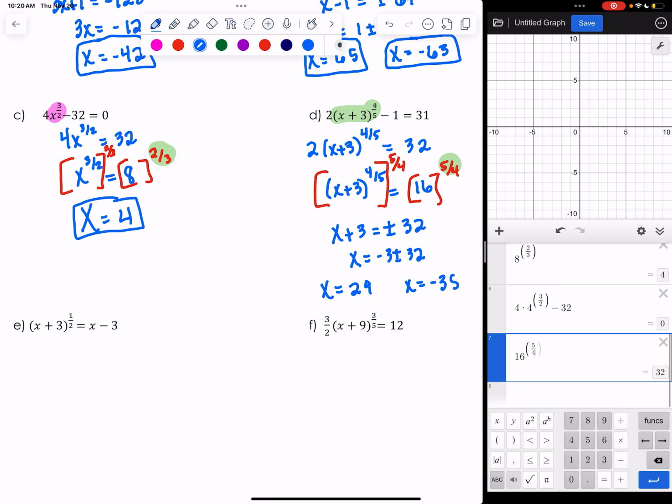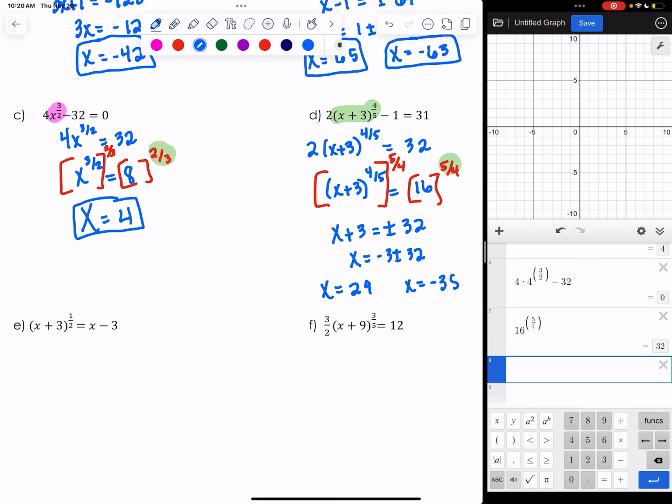All right, now let's check that answer here. So I'm going to go back to the original problem, put in 2 parentheses. Instead of x, I'll put my first solution, which was 29, plus 3, close parenthesis, raised to the 4 over 5 power, minus 1, and that equals 31.